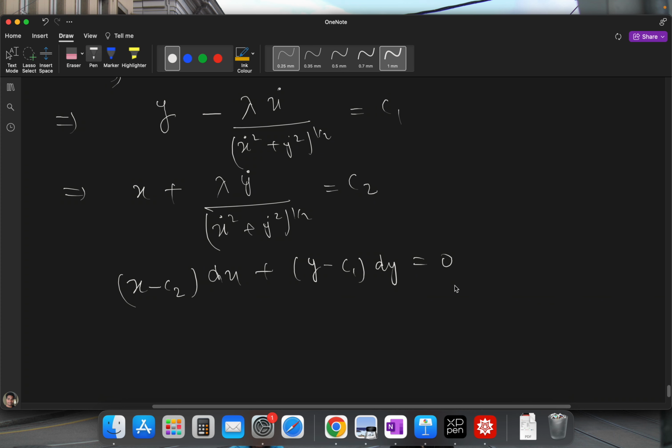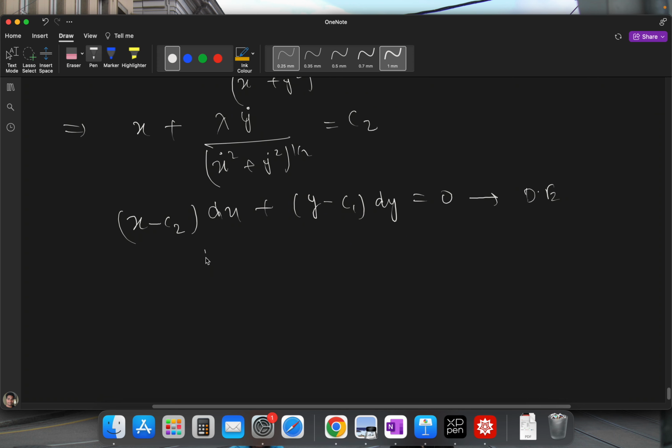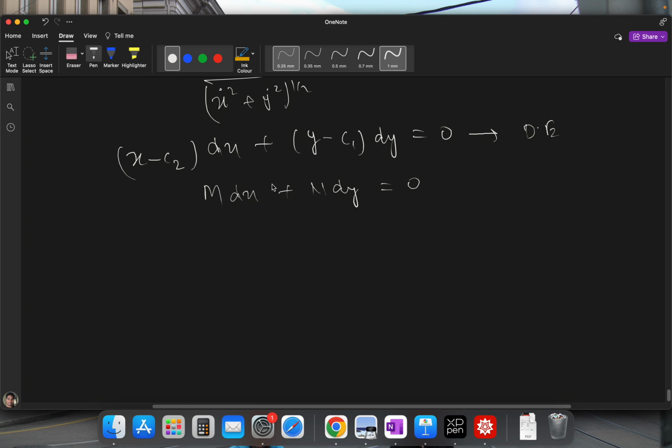Can you see that? And this is called what? A differential equation. This differential equation is of the form M dx plus N dy equals 0, and when you solve this equation, you will get the equation of a circle.